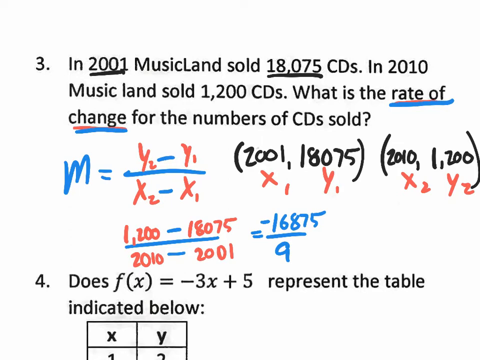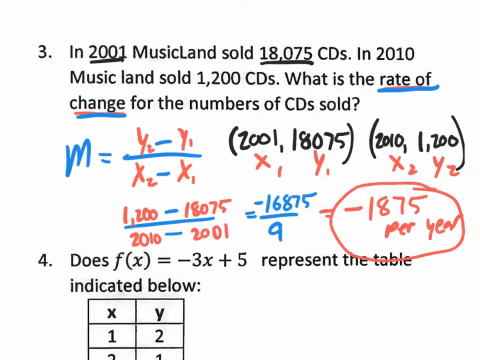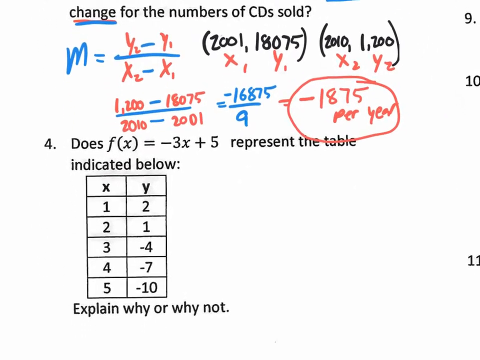So when you divide negative 16,875 by 9, we get negative 1,875. So what does negative 1,875 mean? That the amount of CDs sold each year decreased by 1,875 per year. That's the answer to number 3. Very similar question like that one on the test tomorrow.